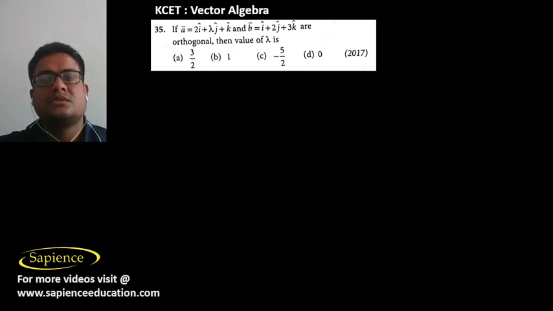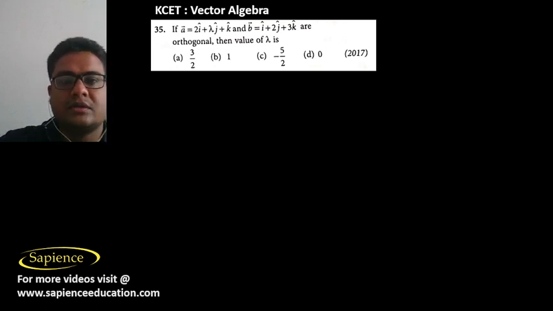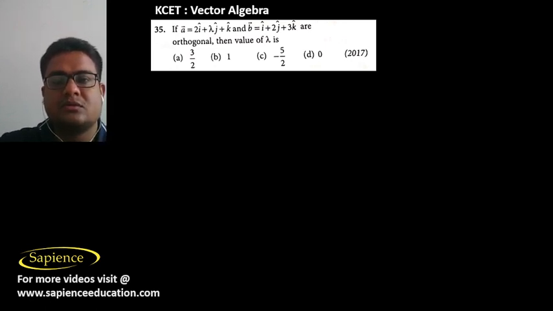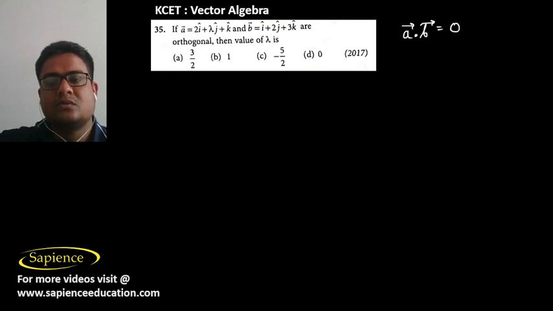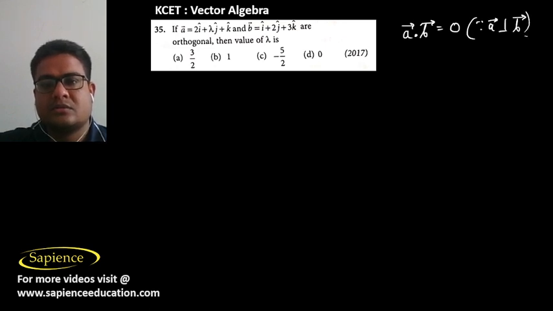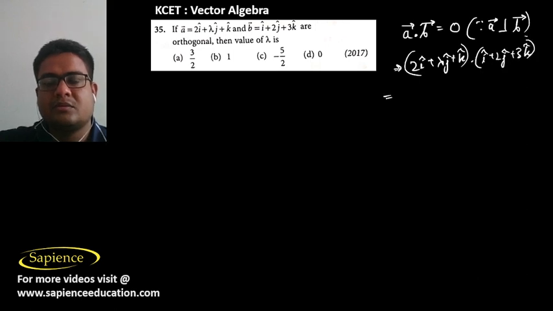Then question number 35. If A vector and B vector are orthogonal, then what is the value of lambda? If they are orthogonal, then A dot B is equal to 0, since A vector is perpendicular to vector B. So 2 i cap plus lambda j cap plus k cap dot i cap plus 2 j cap plus 3 k cap should be equal to 0.